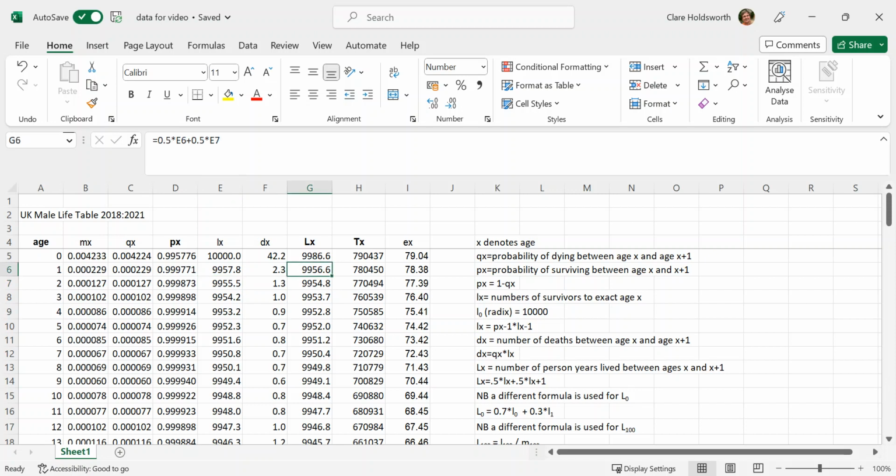So just going back to that formula here, that's another way of calculating the big LX. It's a way of looking at the number of person years lived. So everyone who lives during that age group lives 1 year, and everyone who dies during that age group contributes half a year.